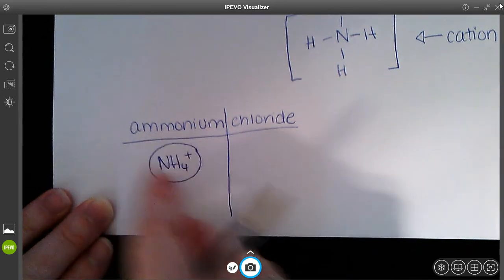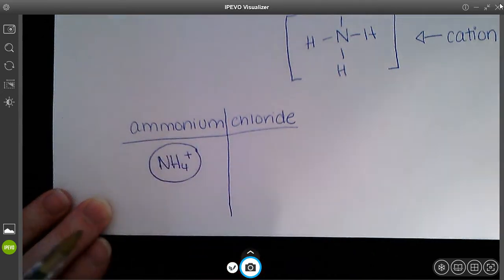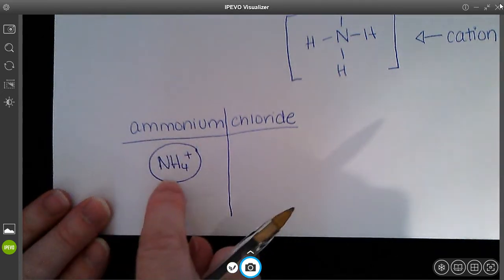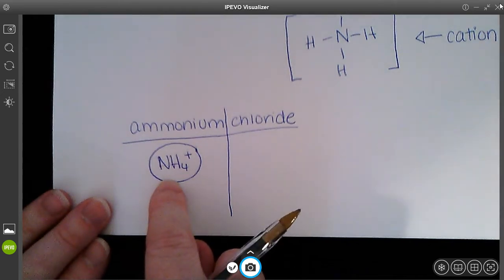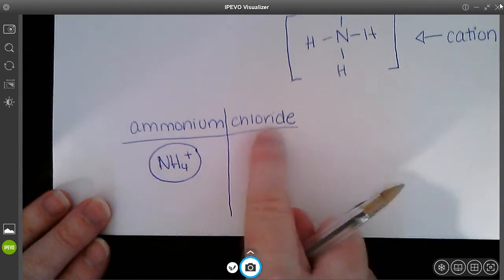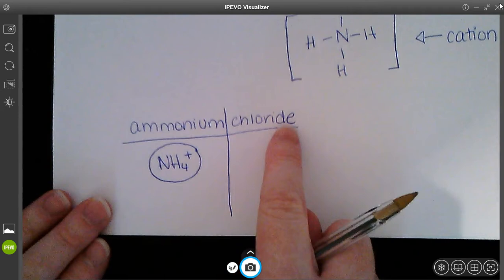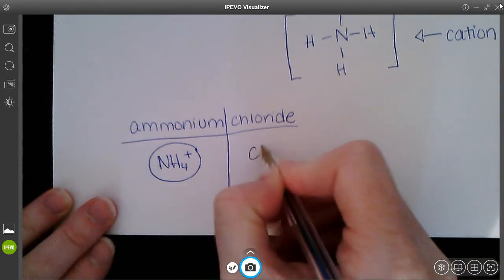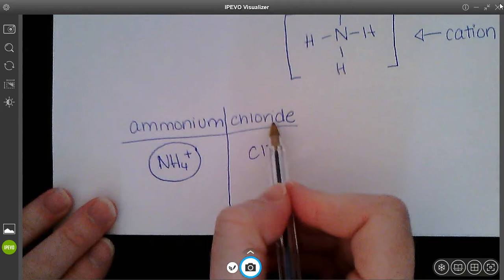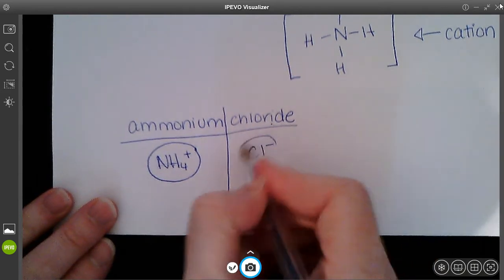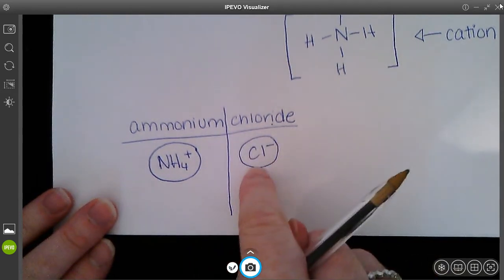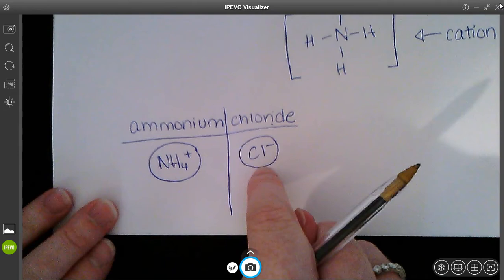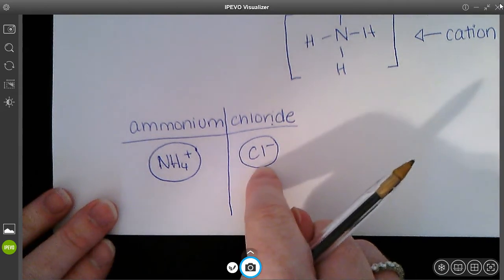So this acts as one unit, just like when I had my singular metal that made a charge. Chloride is chlorine with an IDE, so if you see IDE, I'd love for you to look at the periodic table. And I'd know that chloride is Cl with a negative charge. We did that in the last set of notes, so if you didn't know how to get the charge for chloride, please look at the last set.